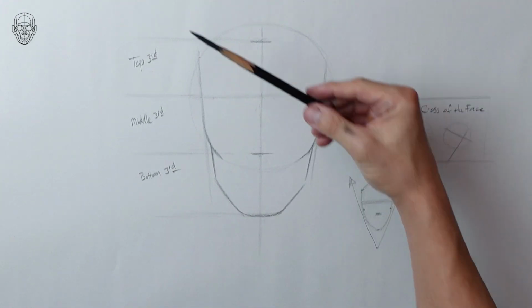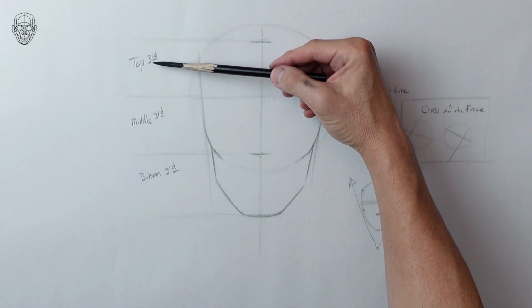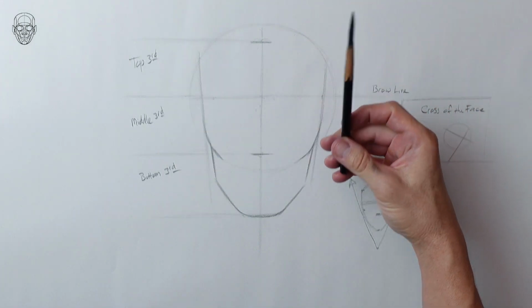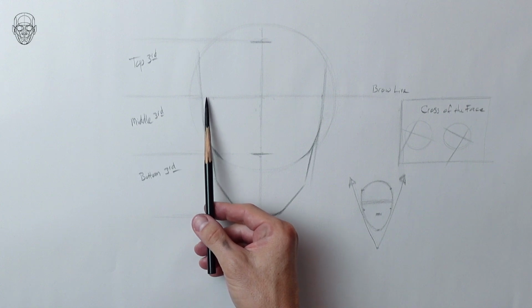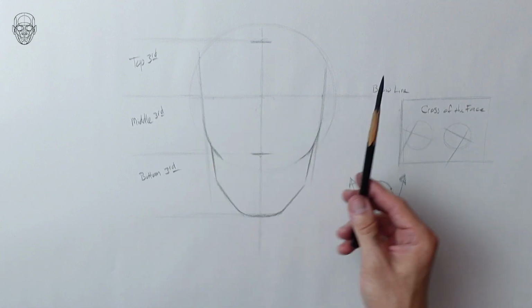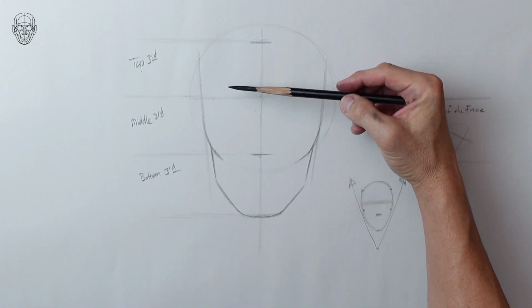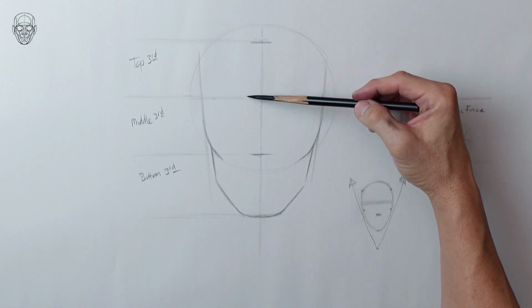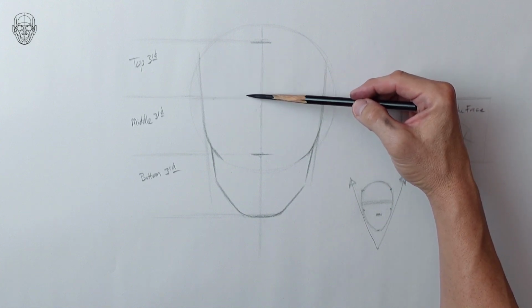Okay, so now we have already established the thirds of the face, and now I'm going to establish the fifths going across the brow line. So it's going to be divided up into 5 sections, starting off with the middle.